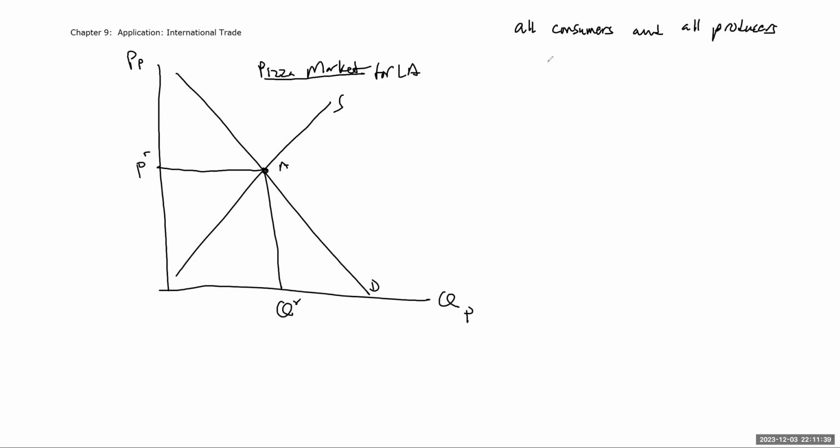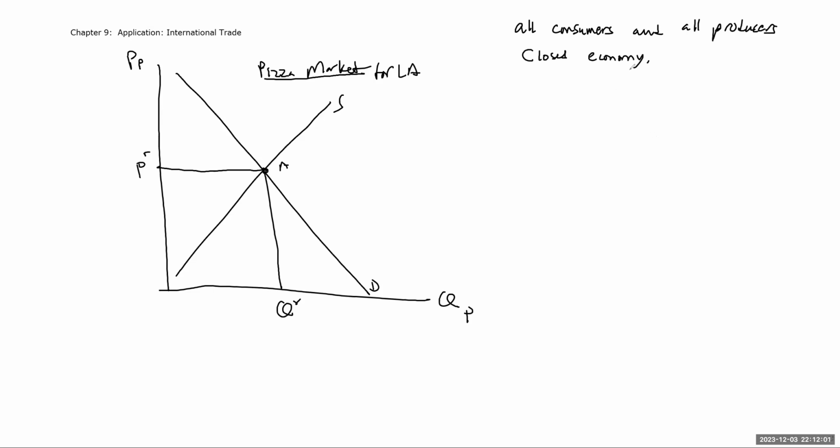This is called a closed economy. Why is it a closed economy? Because it doesn't trade. All the sellers and buyers are within one market, in this case, Los Angeles.